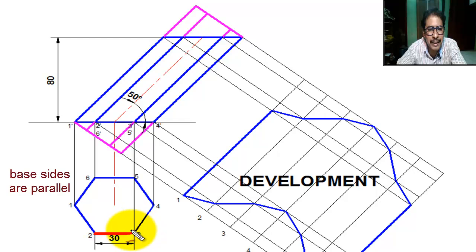Then a 120 degree angle, draw this side, again a 120 degree angle, draw this side. This is horizontal. This is 30, again a 120 degree angle, again a 120 degree angle.